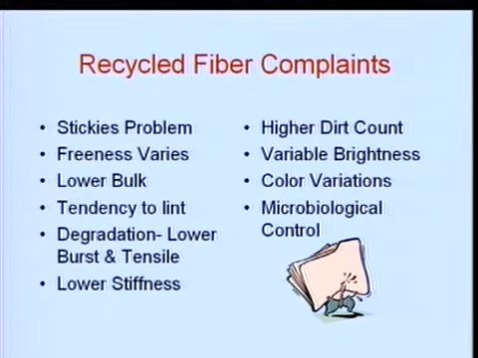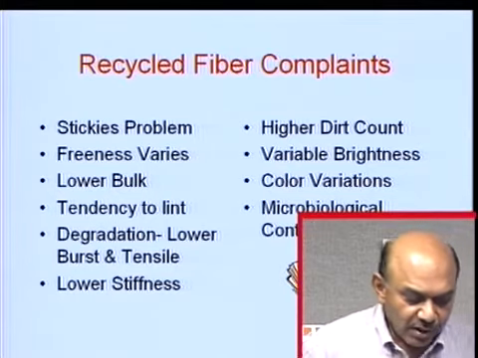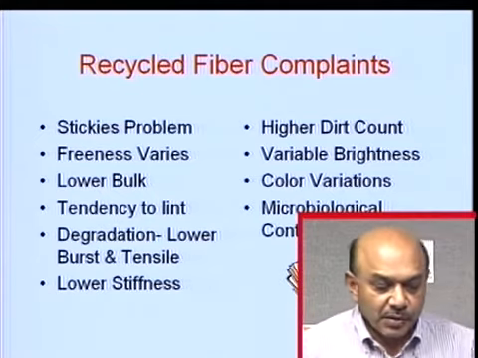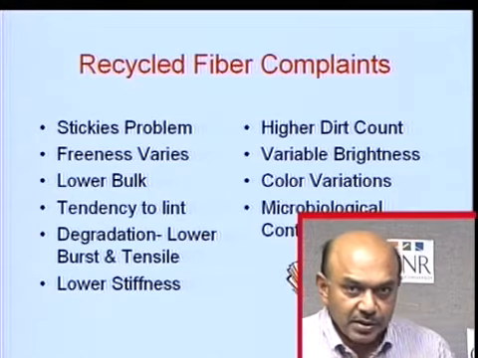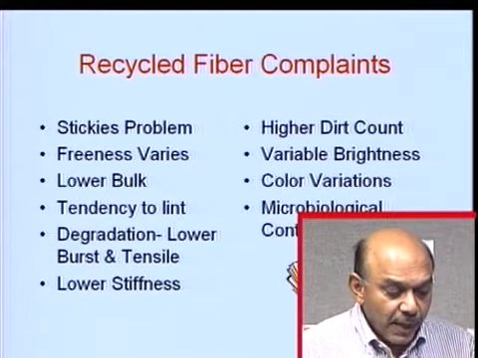Everybody hears a lot of complaints from the paper machine, that's your customer. There are all kinds of contaminations and problems that happen on the paper machine. What are these problems? Some of the contamination that you've been trying to take out in the unit operations are stickies. Freeness, the drainage of the fiber, varies and lowers the bulk.